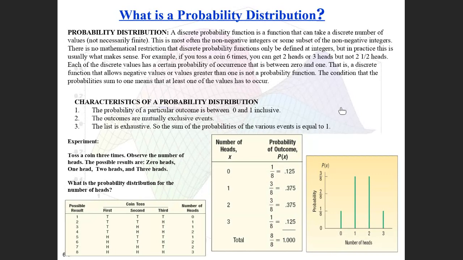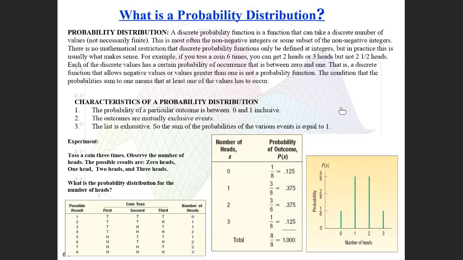They're integers, or some subset of the non-negative integers. There's no mathematical restriction that discrete probability functions only can be defined as integers, but in practice, this is usually what makes sense. For example, if you toss a coin 6 times, you can get 2 heads or 3 heads, but not 2.5 heads, right? That's the definition of discrete.